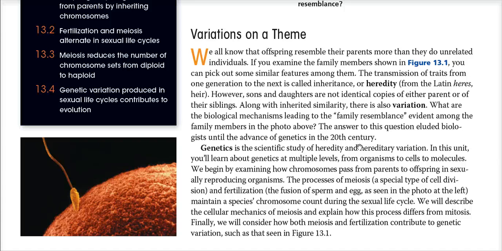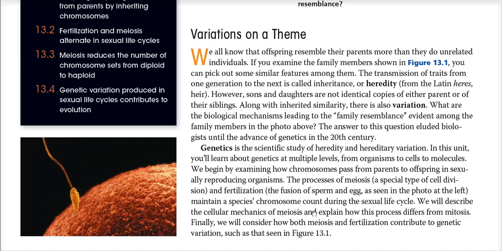But what I want you to understand here is that, whether I'm in this part of the book that I'm reading or the book that you're reading, which is essentially the same, they're giving you a guideline of how they're going to attack the unit.